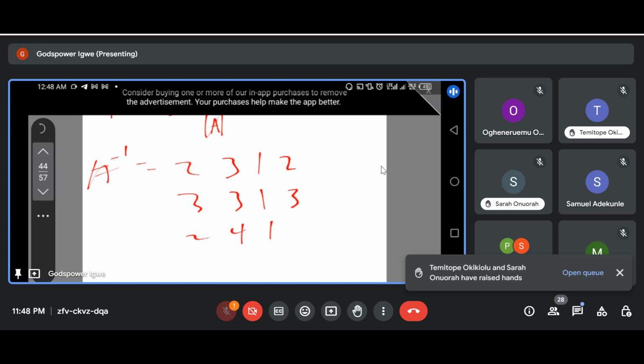So it's going to be 2, 3, 1. The second one is going to be 3, 3, 1. I guess.